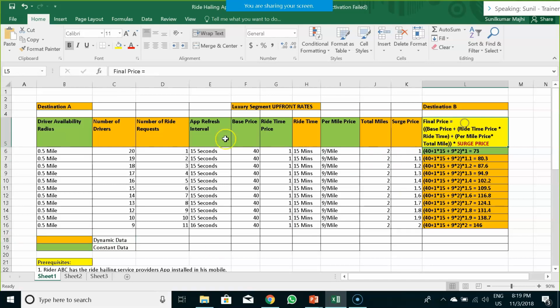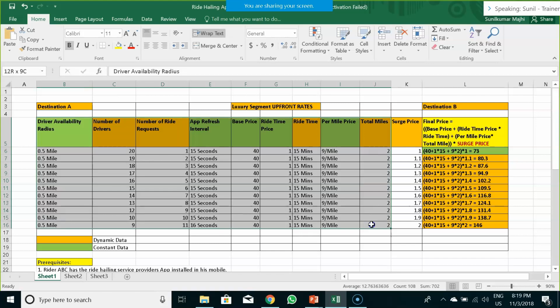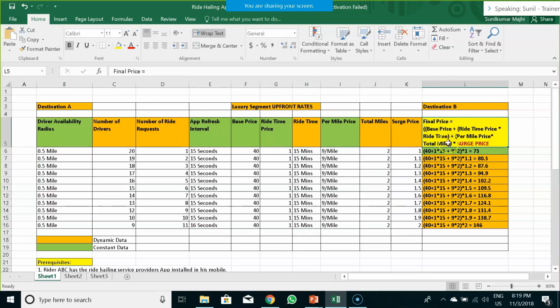Now, when we apply all this into one algorithm, this is our final algorithm. The base price, which in this particular case is 40, plus the ride time price, that is 1, multiplied by the time, that is 15 minutes, so 1 into 15, plus the per mile charges, that is $9 per mile, into how many miles?